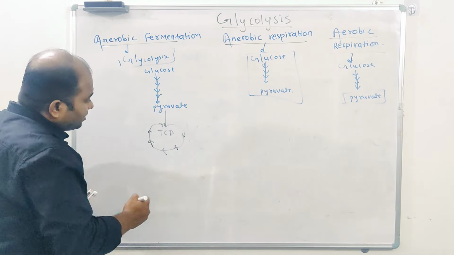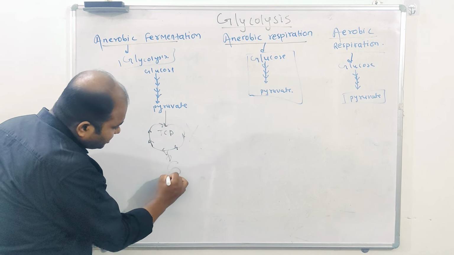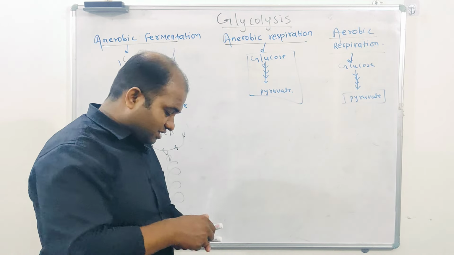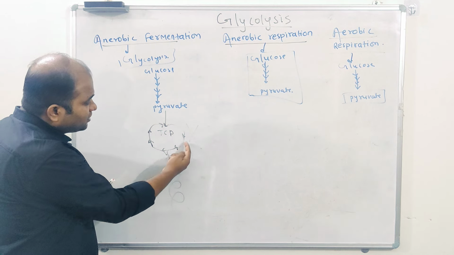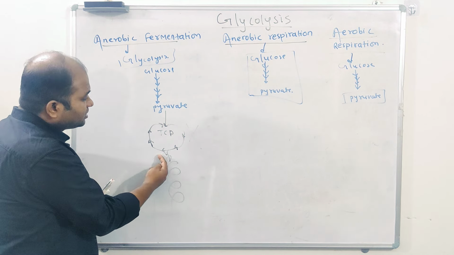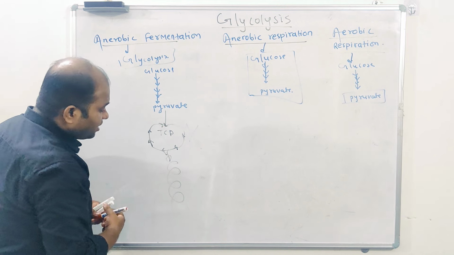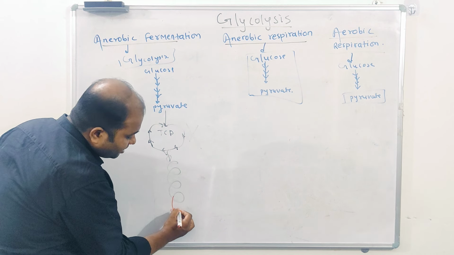And again, after the Krebs cycle, these molecules have to pass through the electron transport chain, ETC. When the electrons released from the TCA cycle and from glycolysis pass through the electron transport chain, this is where the actual ATP is released.